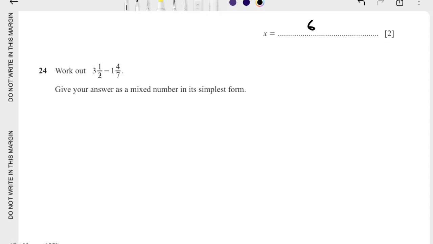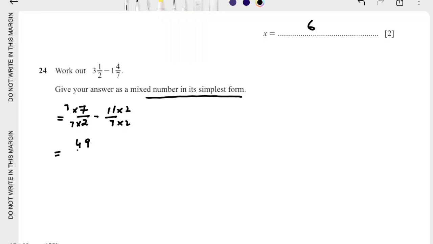Work out 3 whole number 1 over 2 minus 1 whole number 4 over 7. Give your answer as a mixed number in its simplest form. So first of all, 2 threes are 6 plus 1, 7 by 2, minus 7 ones are 7 plus 4 is 11 by 7. Now make their denominators the same. Here would be 7 times 7, and here would be 2 times 2.